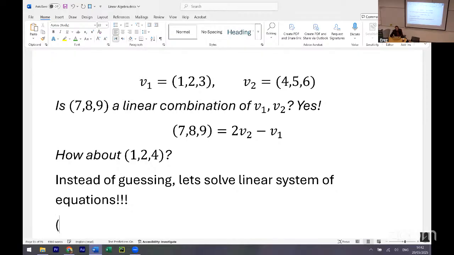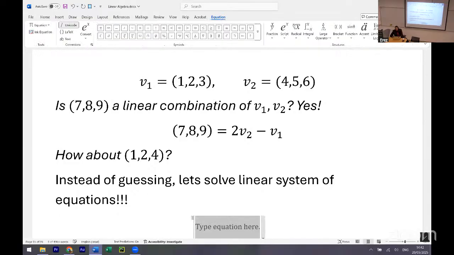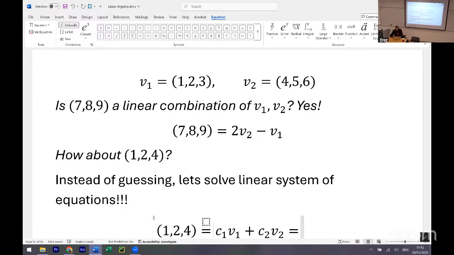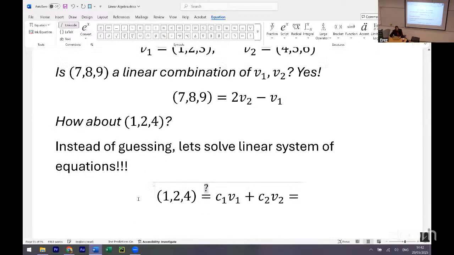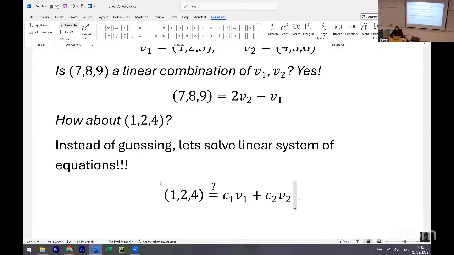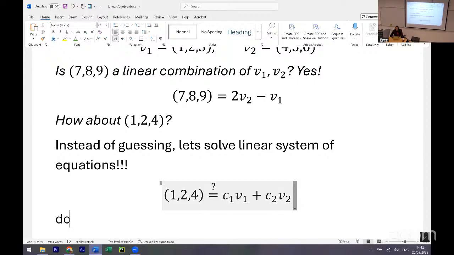We're asking whether (1, 2, 4) could be C1 times v1 plus C2 times v2, putting a question mark because we're not sure.